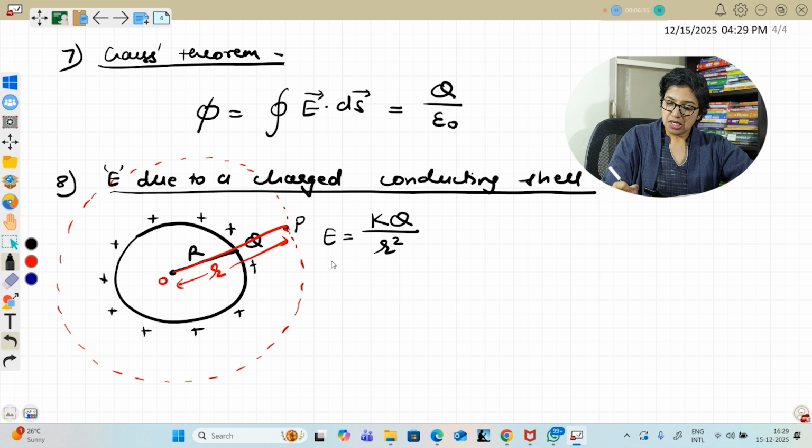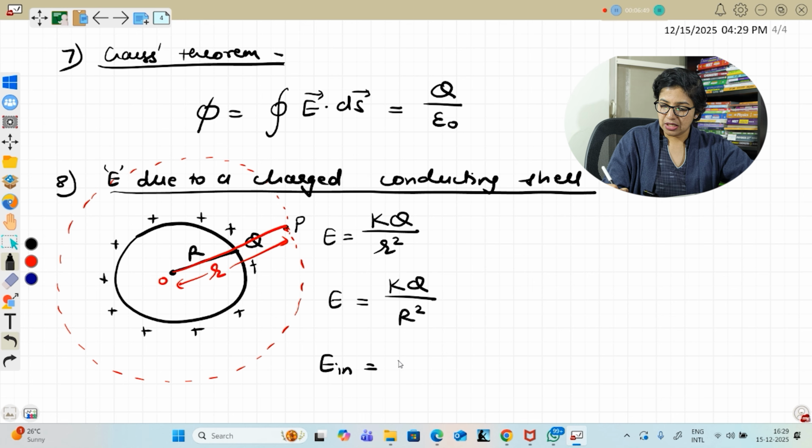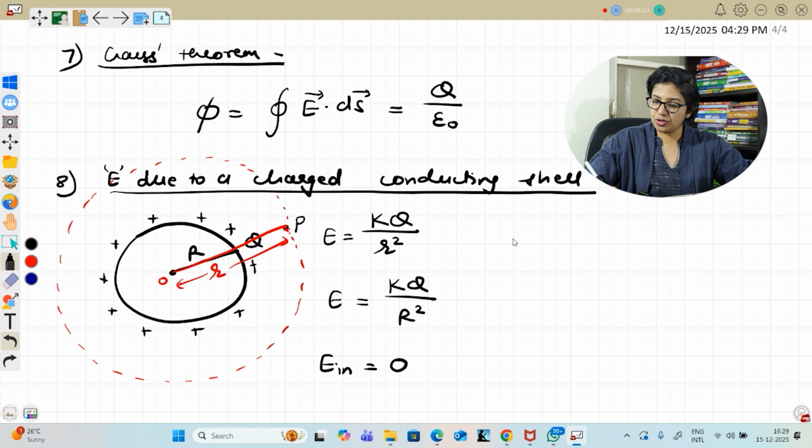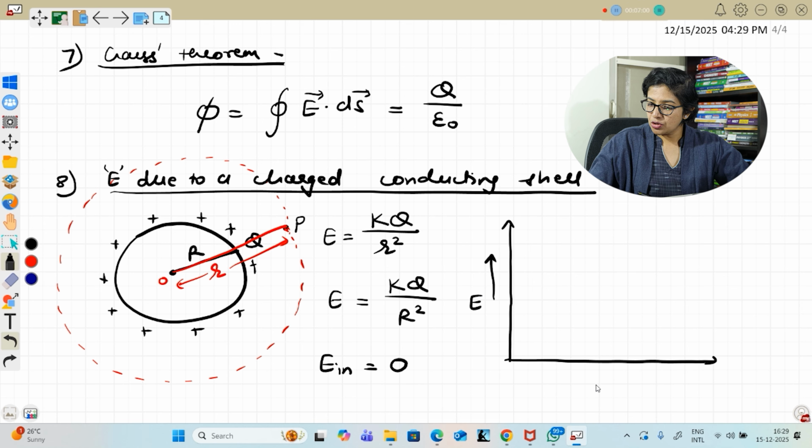That is outside. Now E on the surface: the Gaussian surface and the surface of the charged conducting shell will coincide with each other. So that will become kq by capital R square. And you know that E inside the shell is 0. If you have to plot a graph, it will come like this, the variation of electric field from the center of the charged hollow shell.